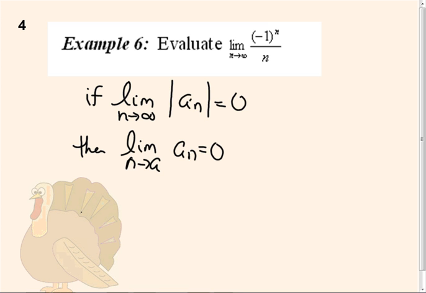So can I find the limit of the absolute value of negative 1 to the n over n as n goes to infinity? First off, what is the negative 1 to the n doing? We need to know what that does.